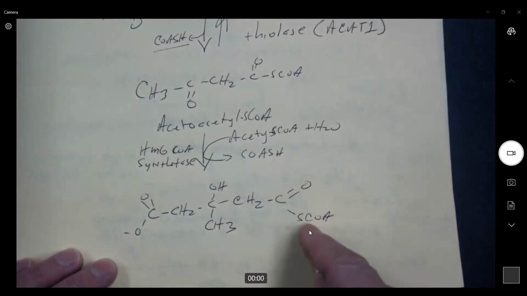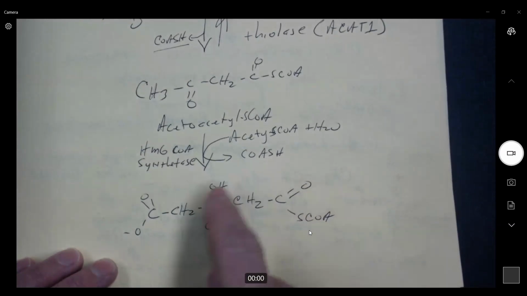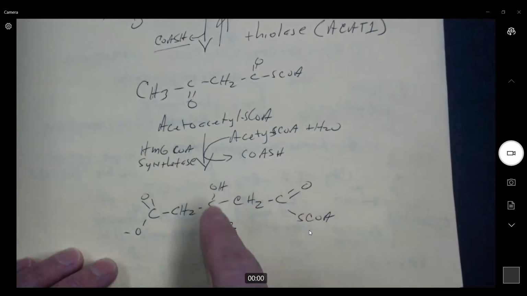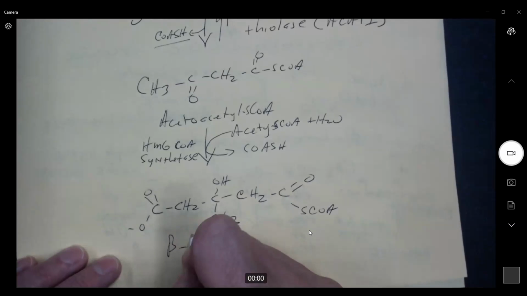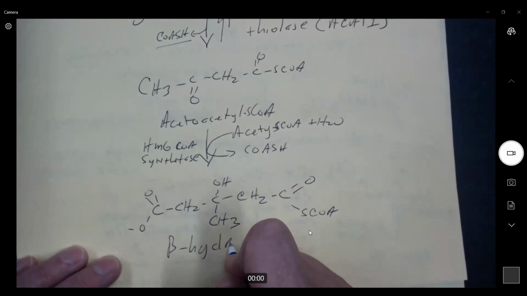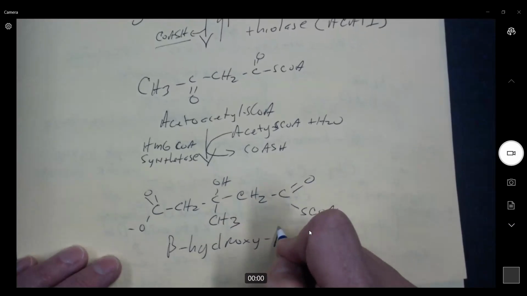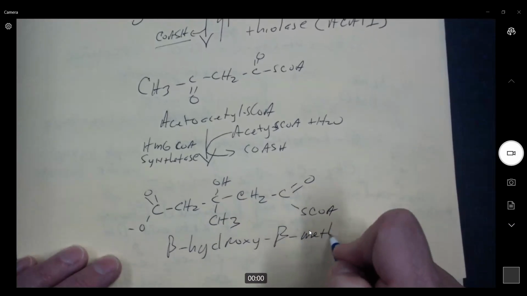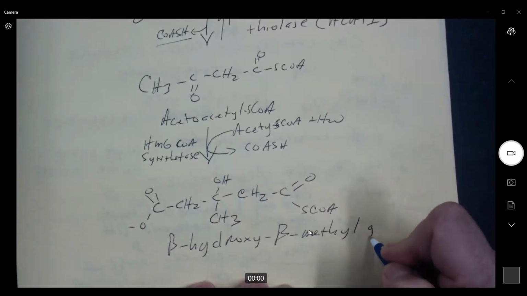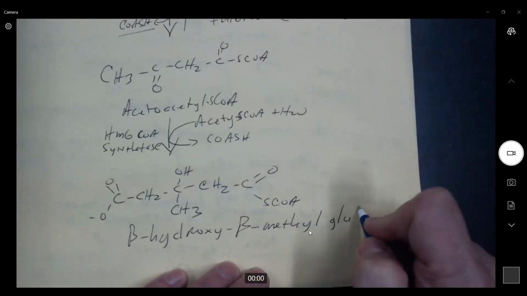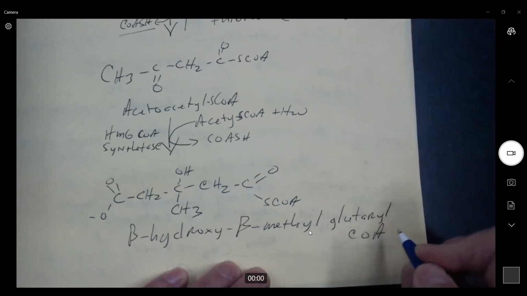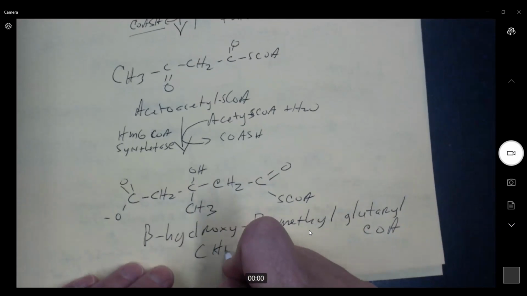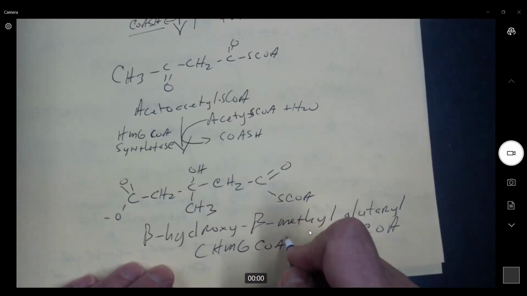Oh, do I have that right? 1, 2, 3. Yeah, okay. And this is beta-hydroxy beta-methylglutaryl coenzyme A. Again, HMG coenzyme A.